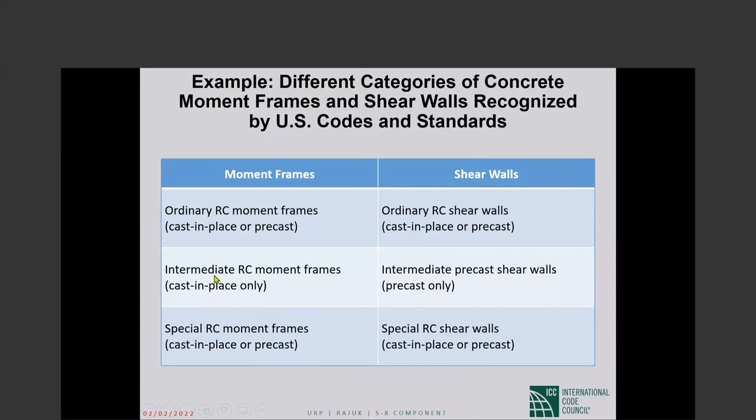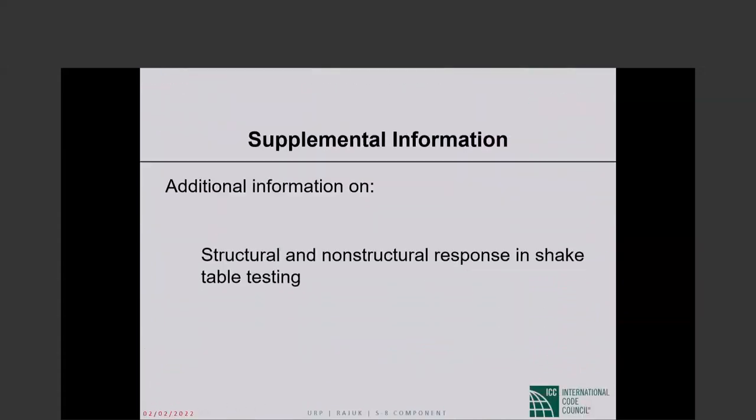No precast intermediate moment frame, but we have cast in place intermediate moment frame. And then special shear walls can be cast in place or precast. So this is pretty much the inventory of concrete systems that we have in our codes and standards.